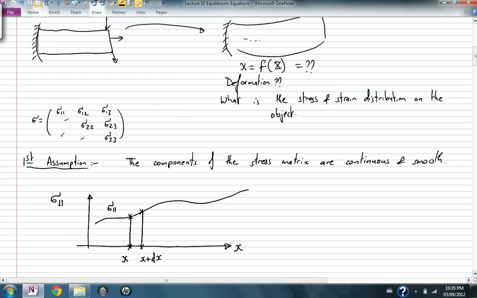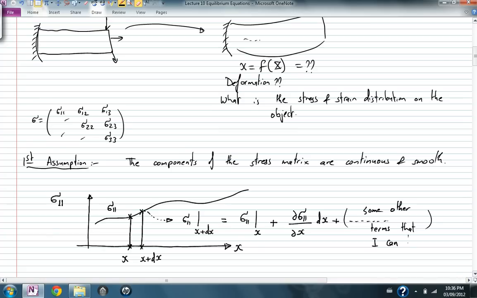At the distance x plus delta x, because sigma 11 is continuous and smooth, I can use a Taylor approximation: sigma 11 at x plus delta x is equal to sigma 11 at x plus the first derivative of sigma 11 with respect to x multiplied by delta x, plus some other terms that I can later ignore.